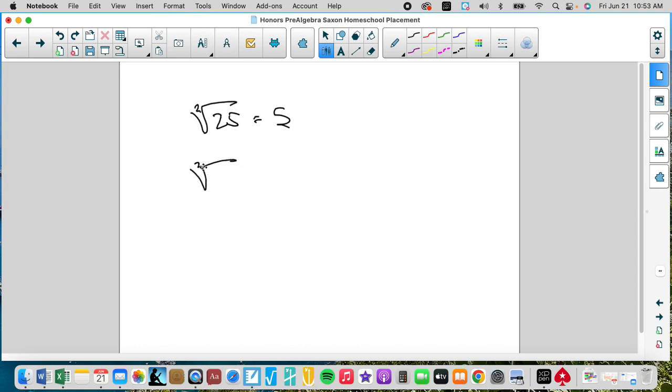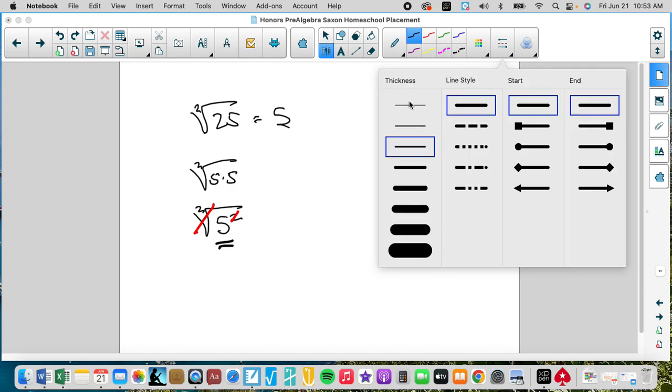So I'm going to rewrite 25 as 5 times 5, and then 5 times 5 as 5 squared. So the square and the square root cancel each other, which leaves you with the 5, and that's why the square root of 25 equals 5.